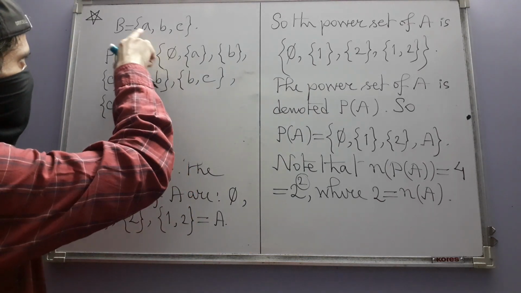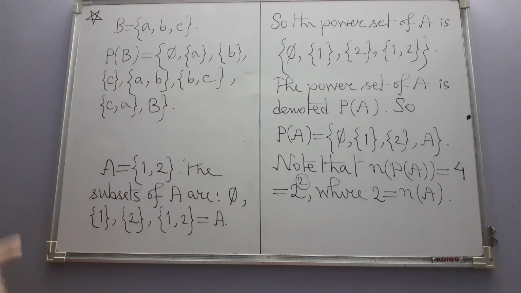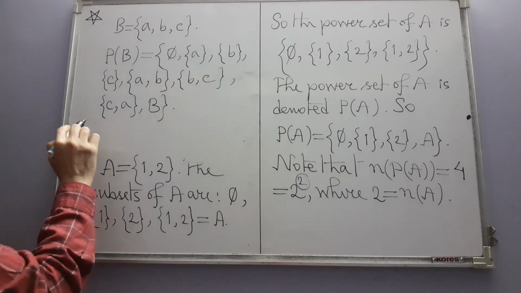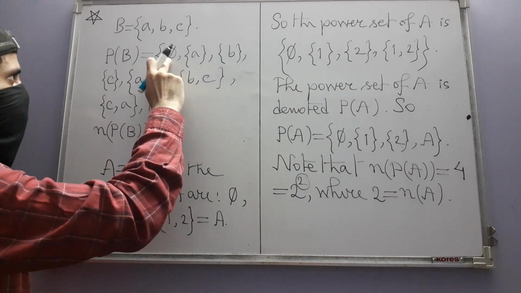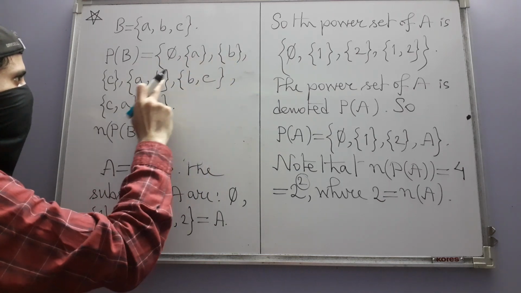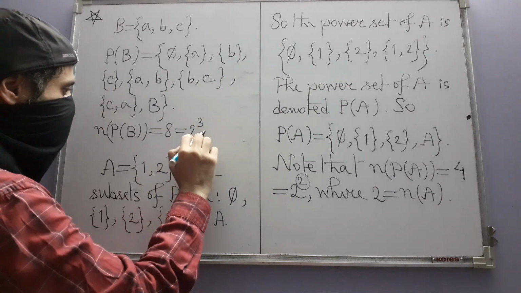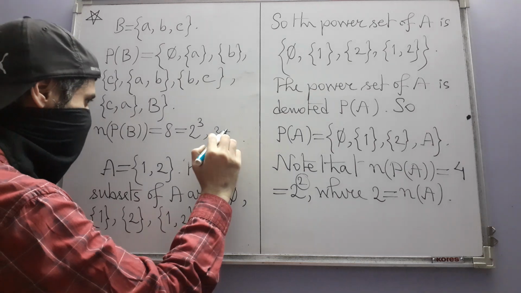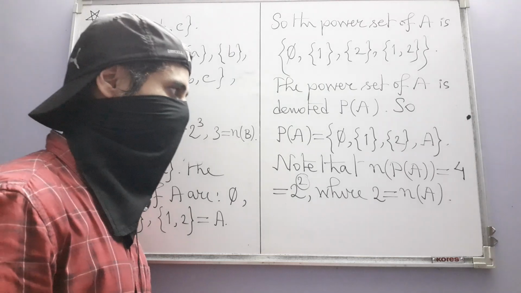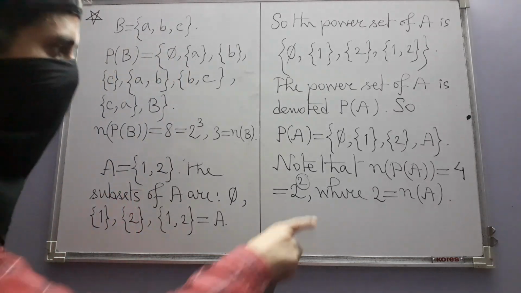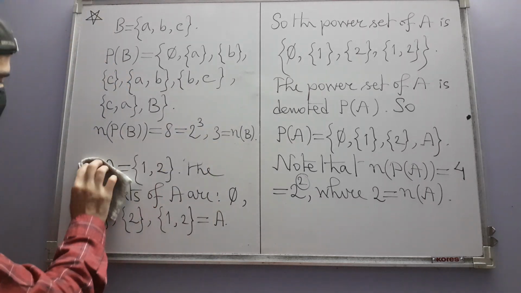There is only one 3 element subset of B, which is B itself. Now let us note the number of elements in P of B. 1, 2, 3, 4, 5, 6, 7, 8, which turns out to be 2 cubed, where that exponent again here also is the number of elements of B. So there seems to be a pattern in which you can write the number of elements in the power set in terms of the number of elements in the original set.